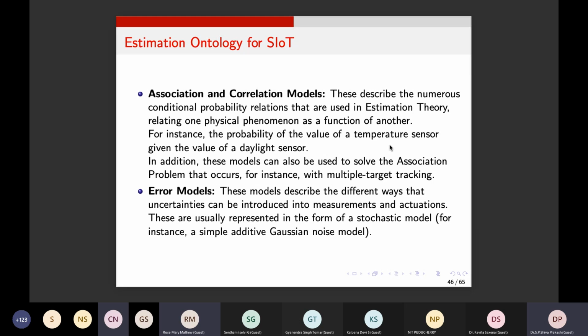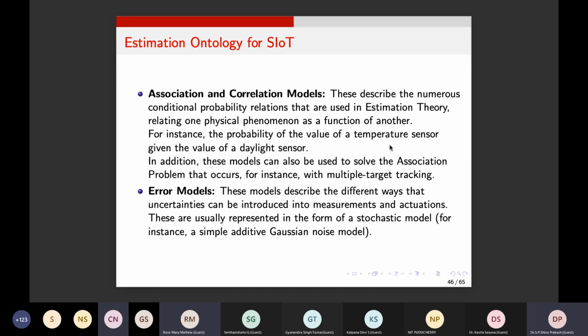In addition, these models can be used to solve the association problem that may occur, for instance, in multiple target tracking. And also the error models, where these models basically describe the different ways that uncertainties can be introduced into the measurements and actuations. These are generally represented as a stochastic process model, for instance a simple additive Gaussian noise model, right?